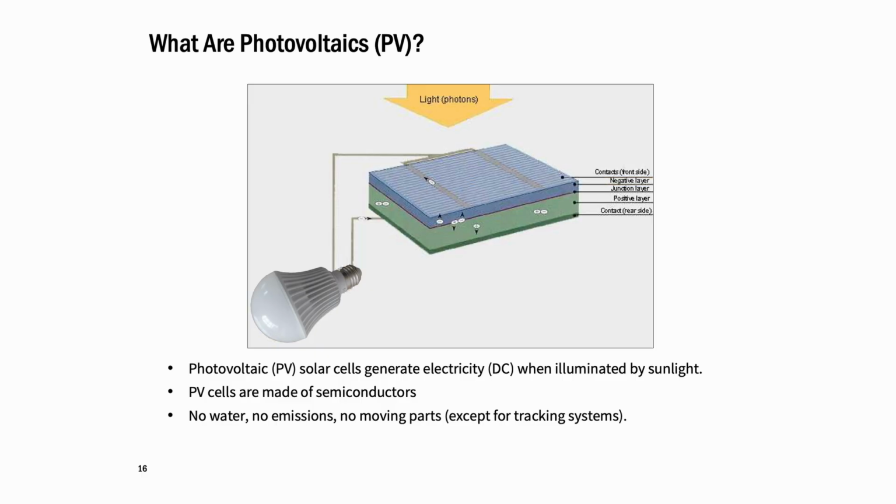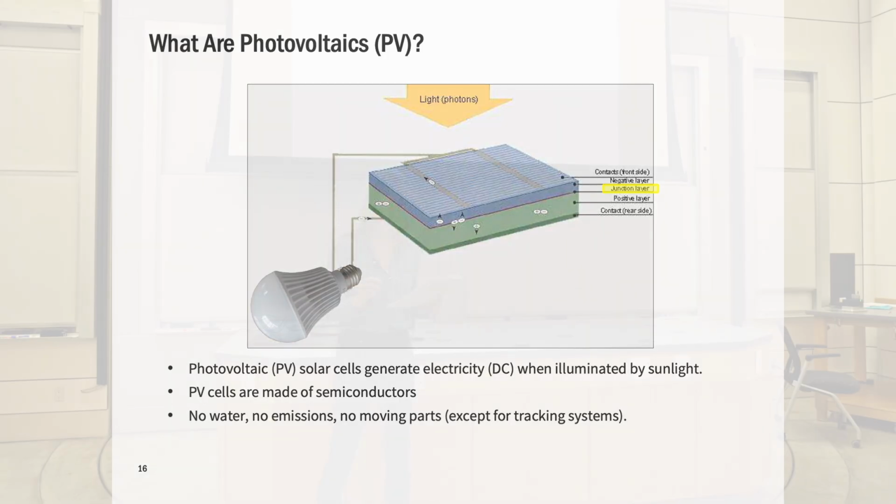And then the other layer is doped to have a missing electron, so known as the P-type or positive layer. And so the boundary or interface between those 2 semiconductor materials is what's known as the p-n junction.